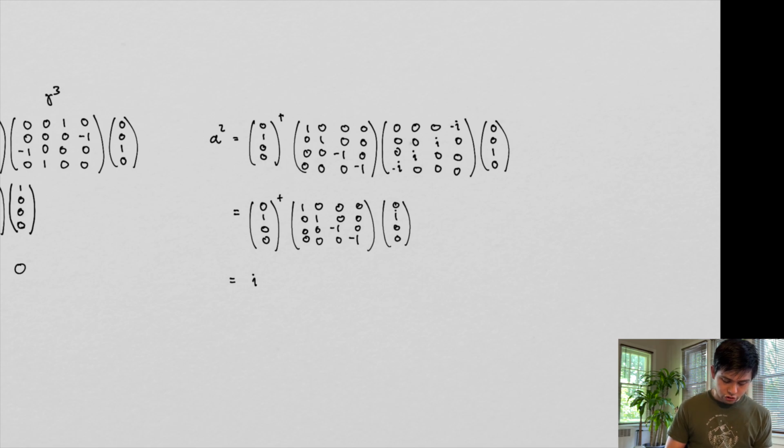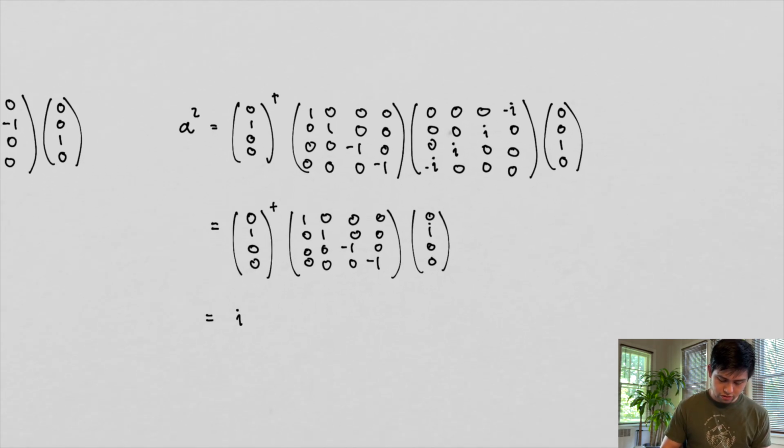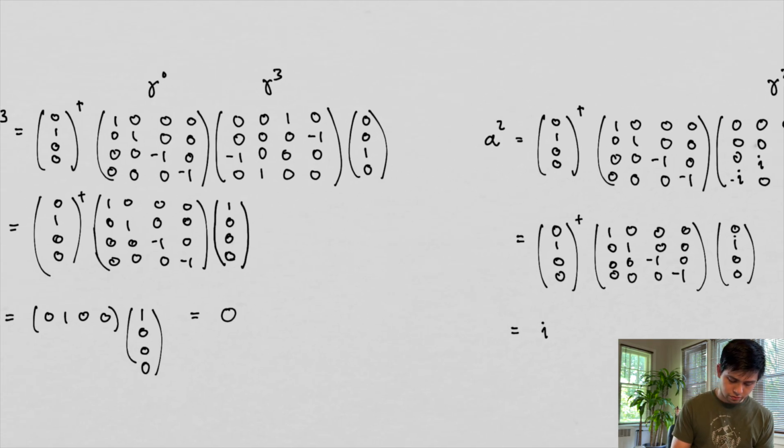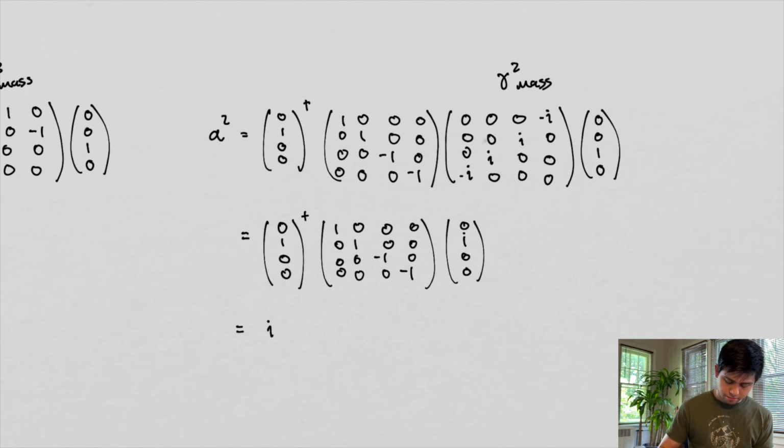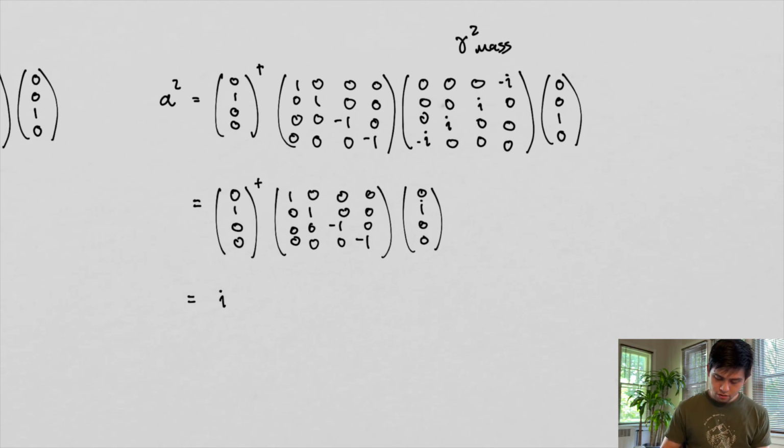Let's calculate A2. So A2, this is our gamma 2. Again, this is all in the mass basis. So A2, this guy here, our second row, corresponds to the configuration here. So we're going to get our I here.